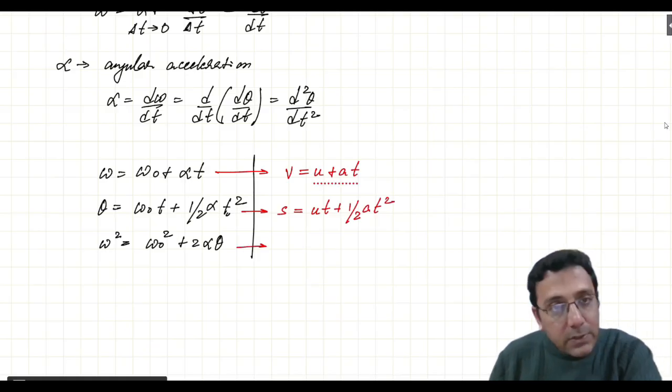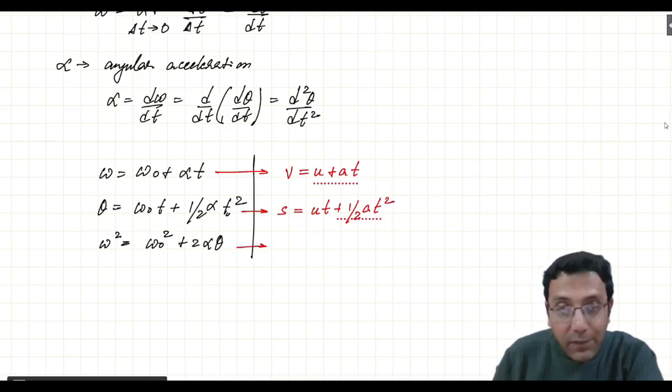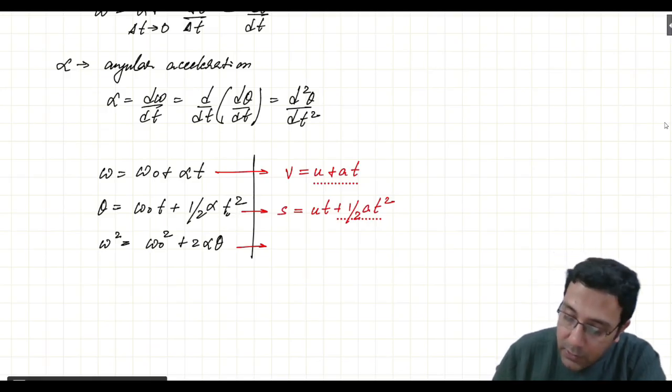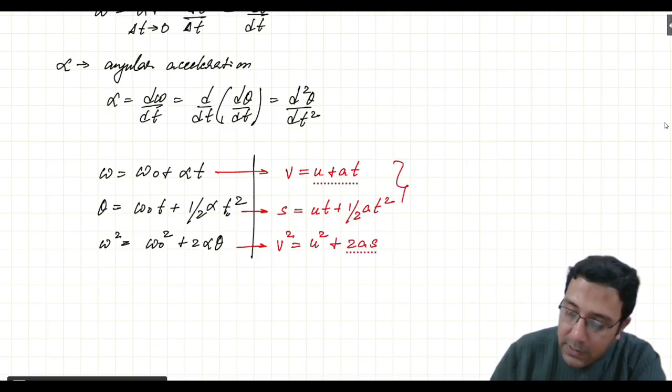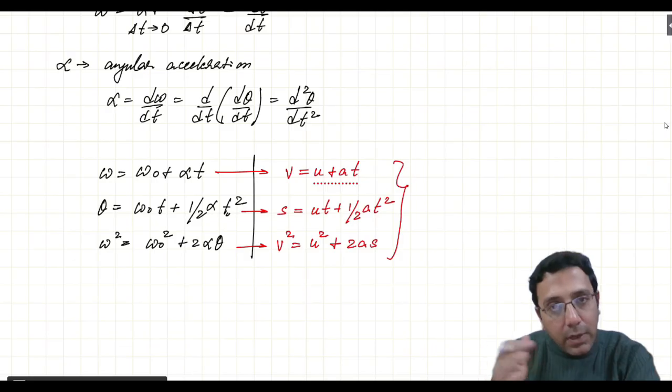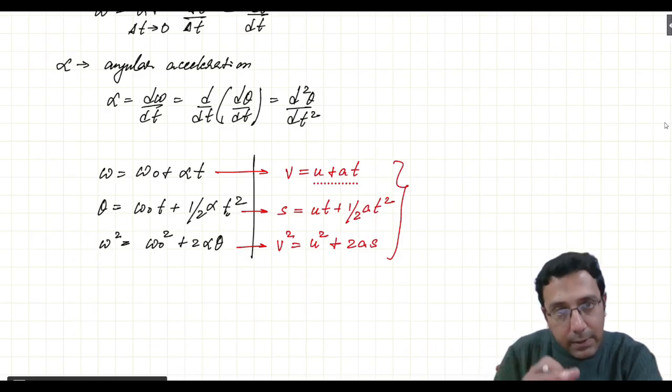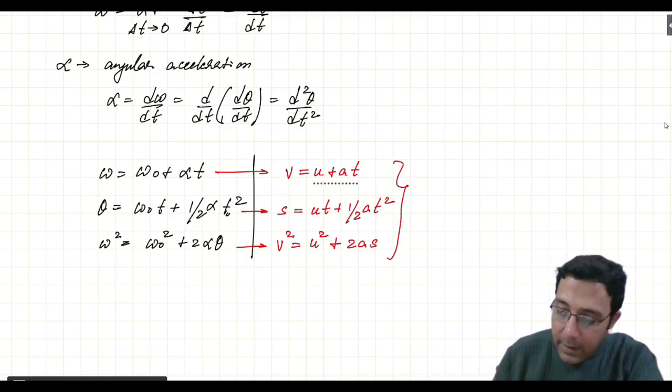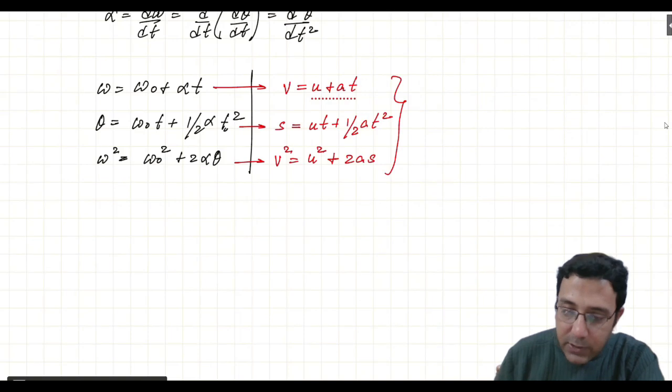Omega is the final angular velocity and omega 0 is the initial angular velocity. Here also v square equal to u square plus 2as. This is the way we can write down a similarity between the circular and linear equations of motion.